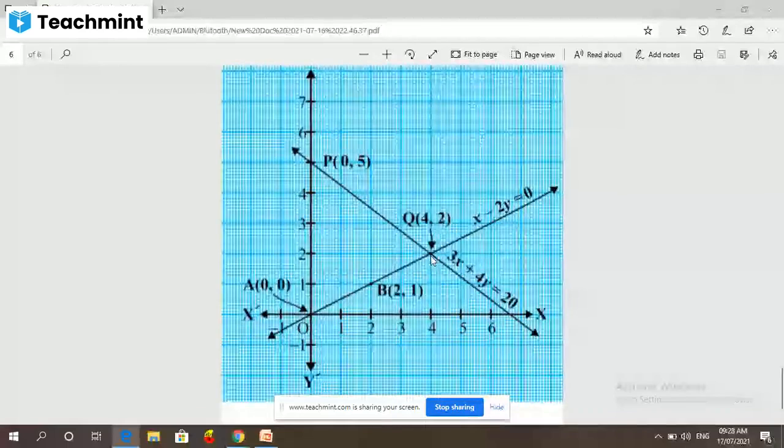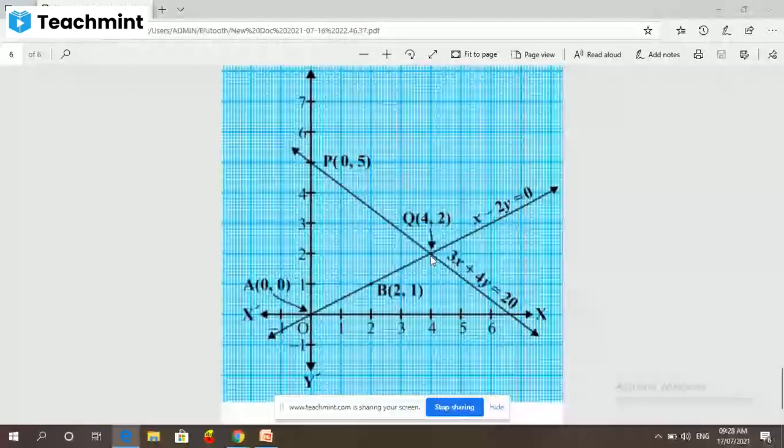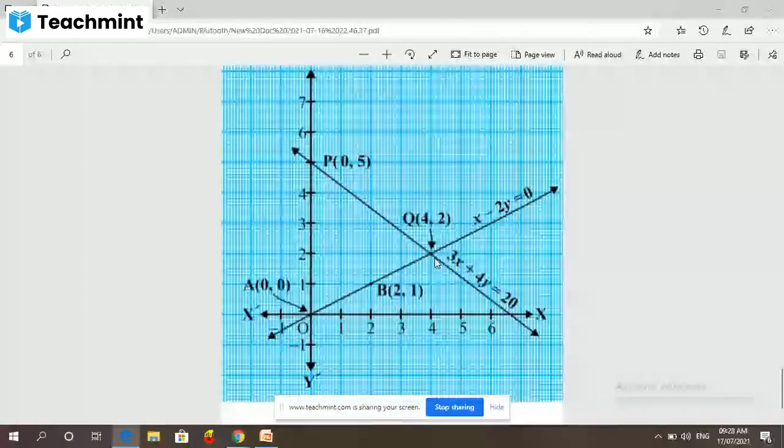Are you observing the two lines intersect each other at one single point? Yes. So you just draw the graph. After the class, you just check this one. Plot the points on the graph paper. You just check. See here, both the equations' lines intersect at one common point.